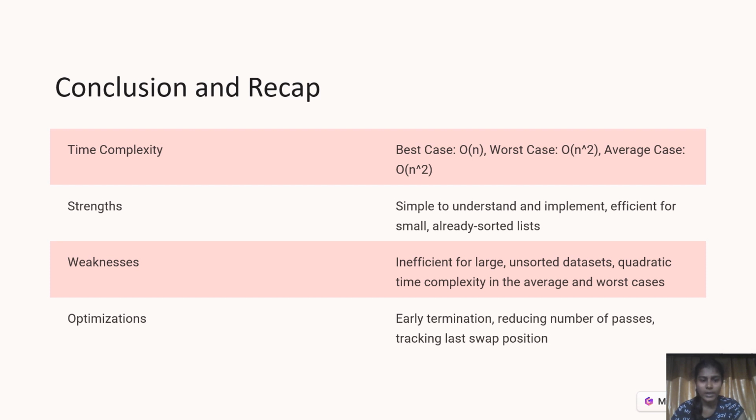Strengths of bubble sort: simple to understand and implement, efficient for small, already sorted lists. Weaknesses: inefficient for large, unsorted datasets, with quadratic time complexity in the average and worst cases. Optimizations: early termination, reducing the number of elements compared, and tracking the last swap position.